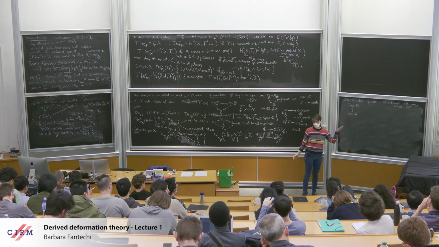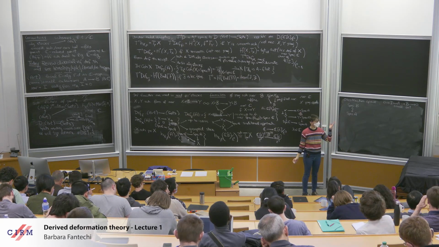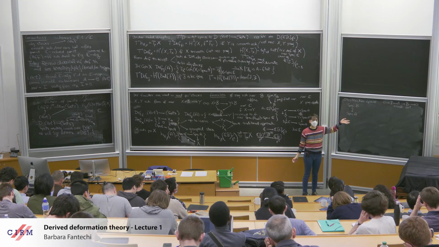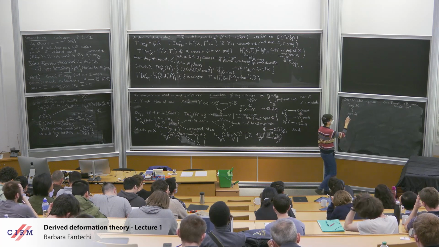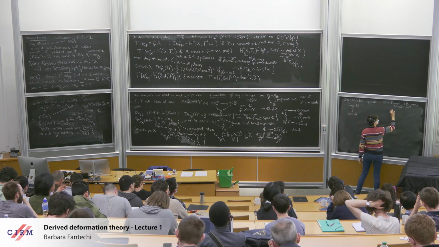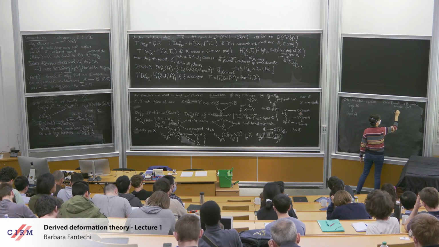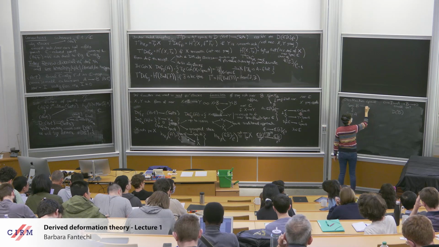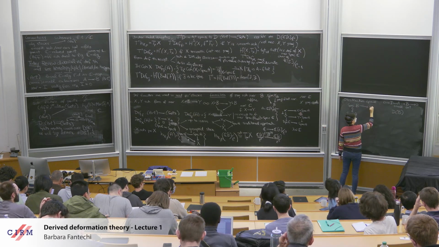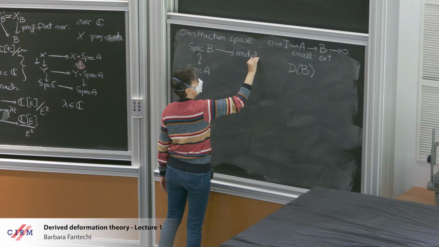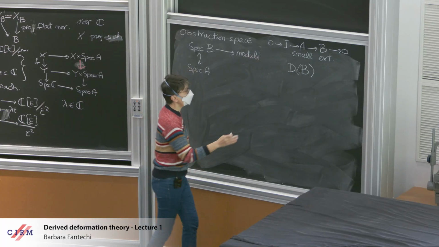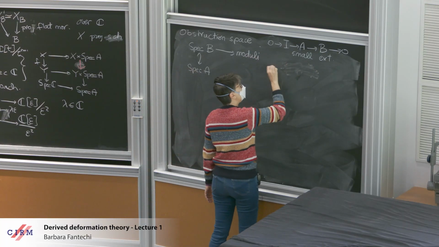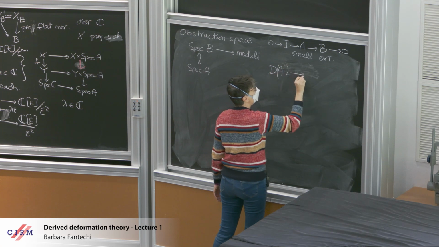And remember, doing deformations means doing a map to the moduli. So assume you have an element in D of B which you regard as a morphism from here to some moduli. And then we have an induced map.